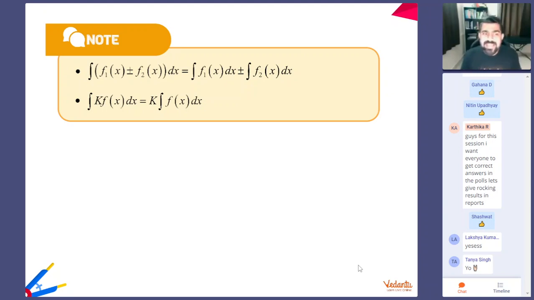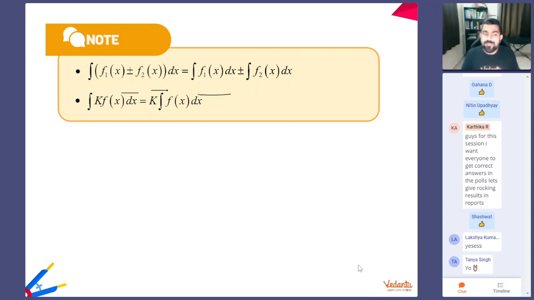So let us say you have integral of first function plus or minus another function inside the integral. So when you have addition or subtraction of two functions or three functions or how many other functions, you can split the integrals. Okay. So I can take them out separately and then integrate it.